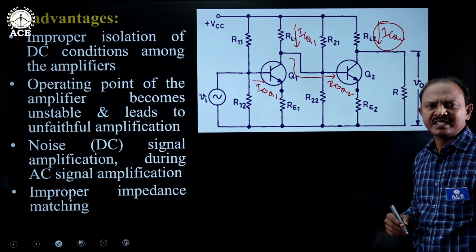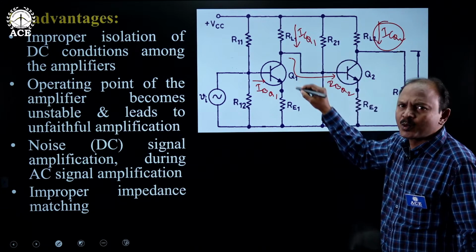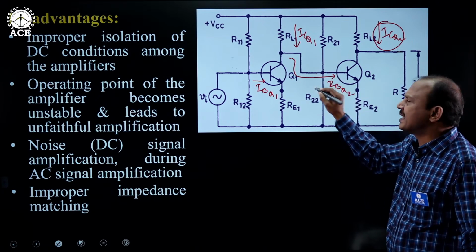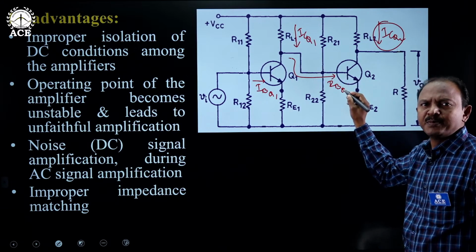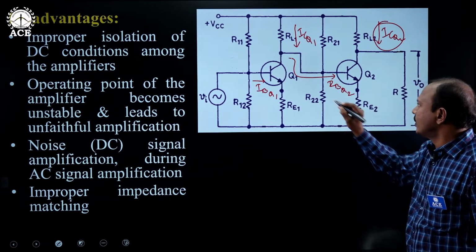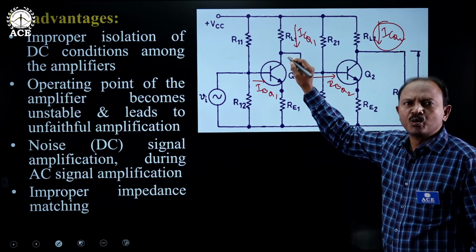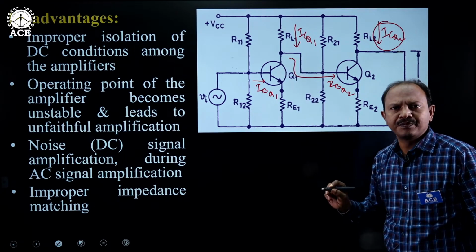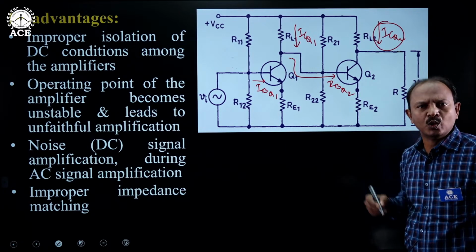Improper impedance matching is the next drawback of the circuit. Of course, there is no provision or separate arrangement made in the circuit to match the output impedance of the first stage with the input impedance of the second stage. We know if both are CE amplifiers, the first stage CE amplifier output impedance is around 40 kilo ohms, whereas the second stage CE amplifier's input impedance is around 1.1 kilo ohm.